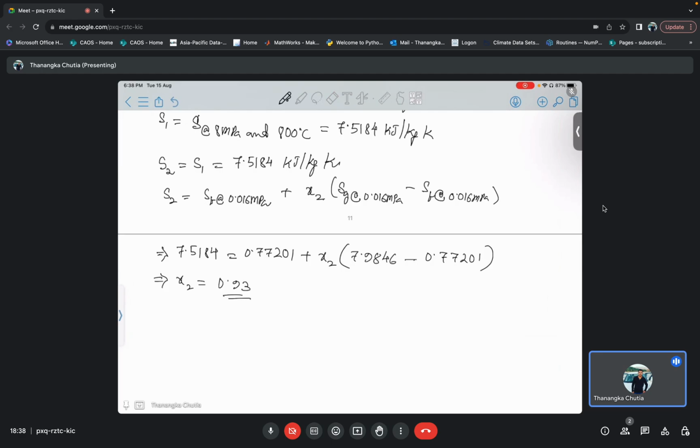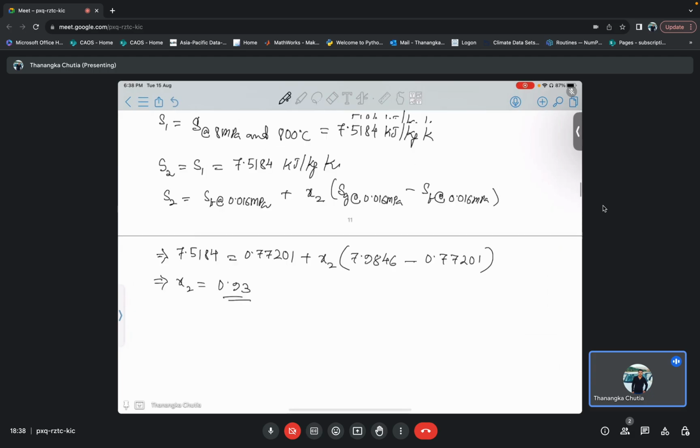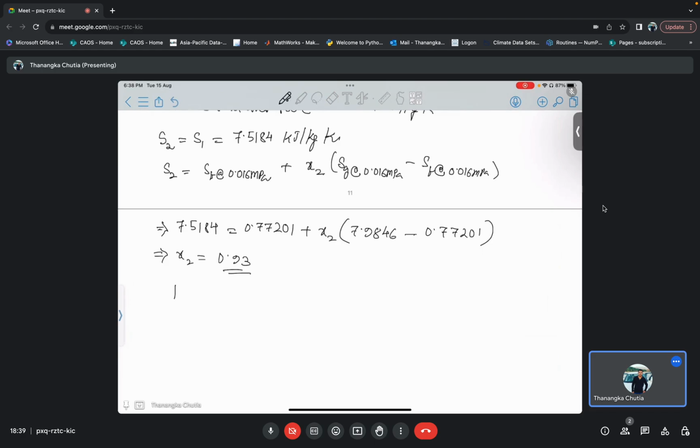Earlier in that question X2 was less than this one, so I will make the comparison at the last part. Now let me first calculate everything. H2 is equal to Hf at 0.016 megapascal plus X2 times Hg minus Hf at 0.016 megapascal.